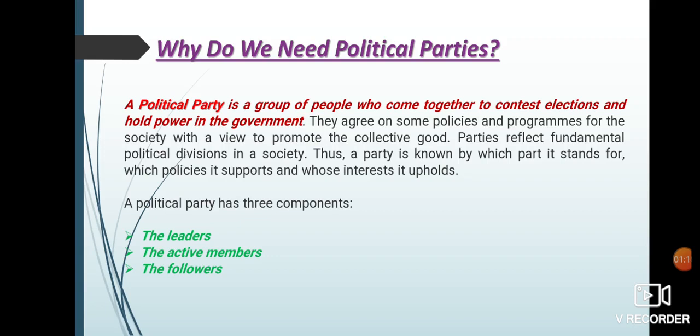Parties reflect fundamental political divisions in a society. Thus, a party is known by which part it stands for, which policies it supports, and whose interest it upholds. A political party has three components: the leaders, the active members, and the followers.